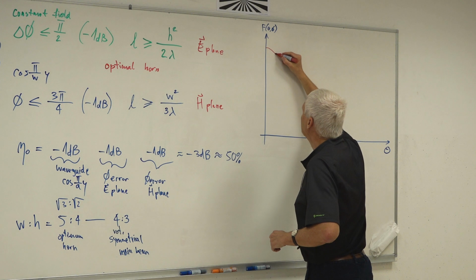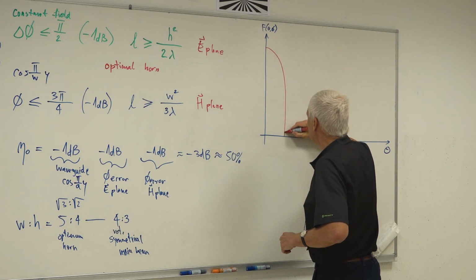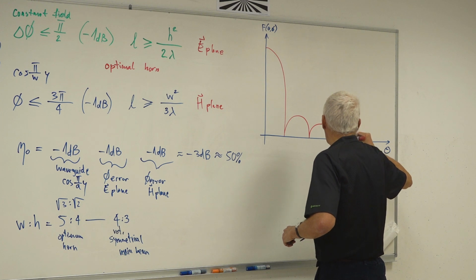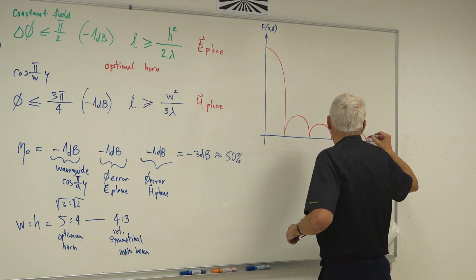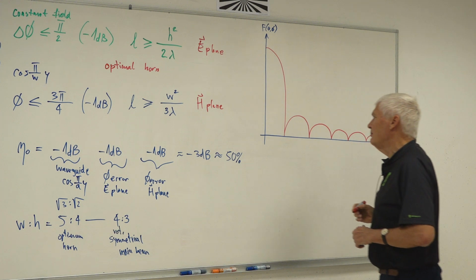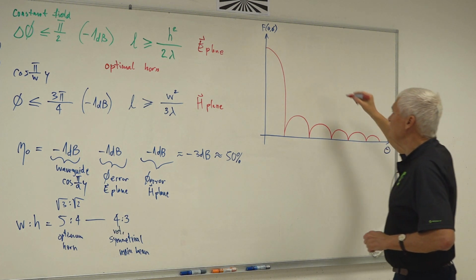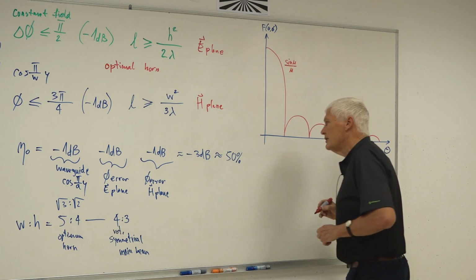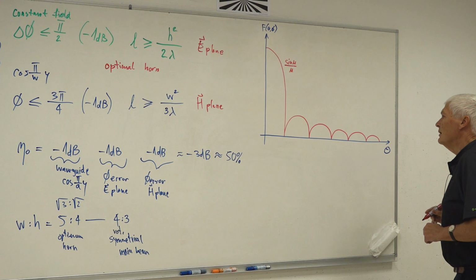In the E-plane, I get a beam. You may remember last time when we did the calculation. So this beam was the shape of sine of u over u, if you remember the calculation from the lectures.